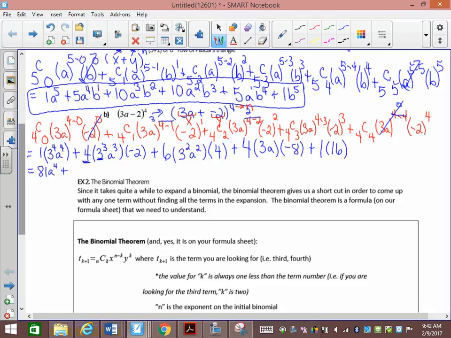So 4, and then 3 to the 3, and then negative 2 all have to be multiplied together. So 4 times 27 times negative 2 is what? If I go plus a negative, what could I have done instead? Just write a minus sign. Negative, what was it? a cubed.